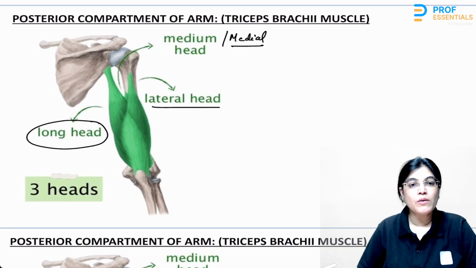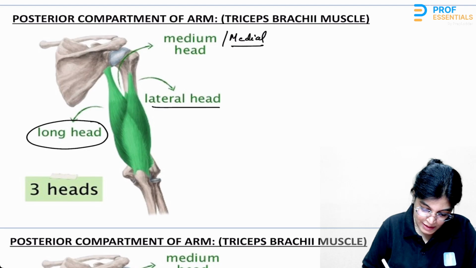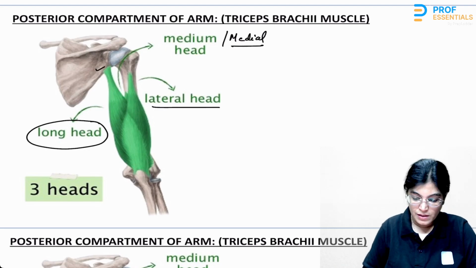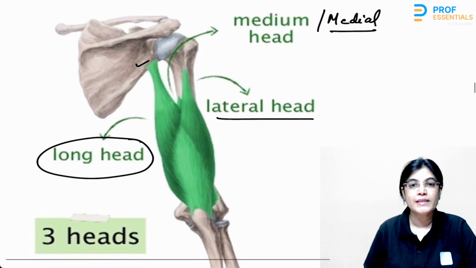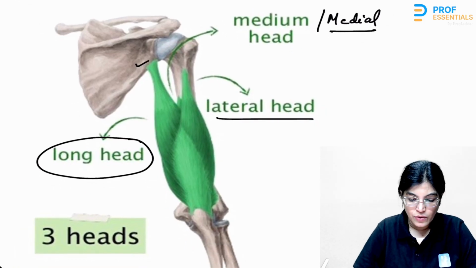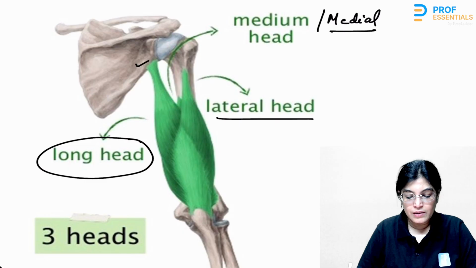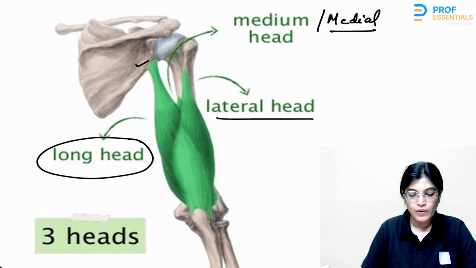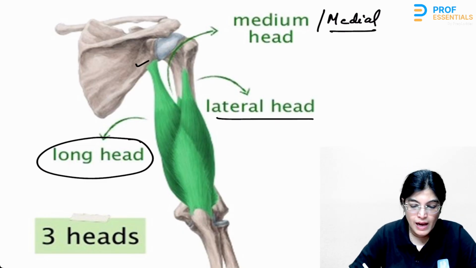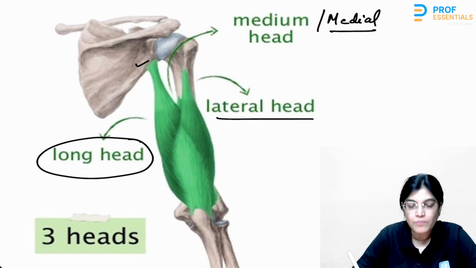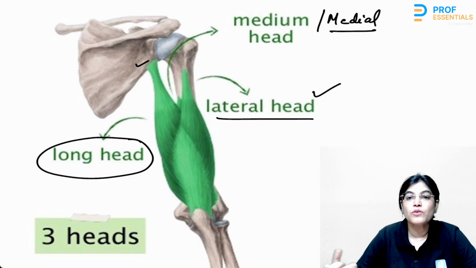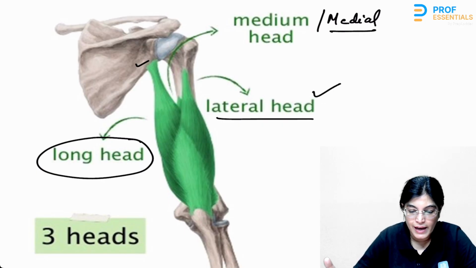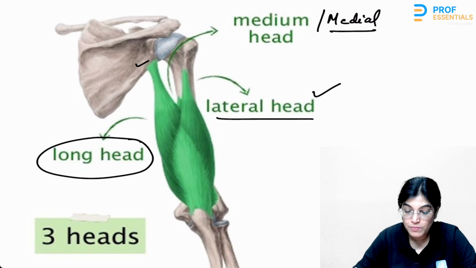If I talk about the long head, as you can see in the diagram, it is attached to the infraglenoid tubercle of the scapula. The lateral head arises from the oblique ridge above the spiral groove of the upper part of the humerus bone, and the medial head from the posterior surface of the humerus below the spiral groove.